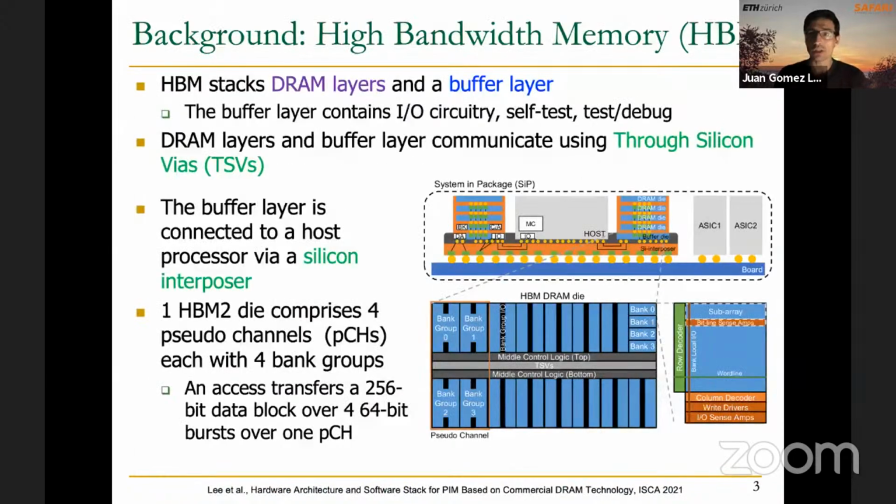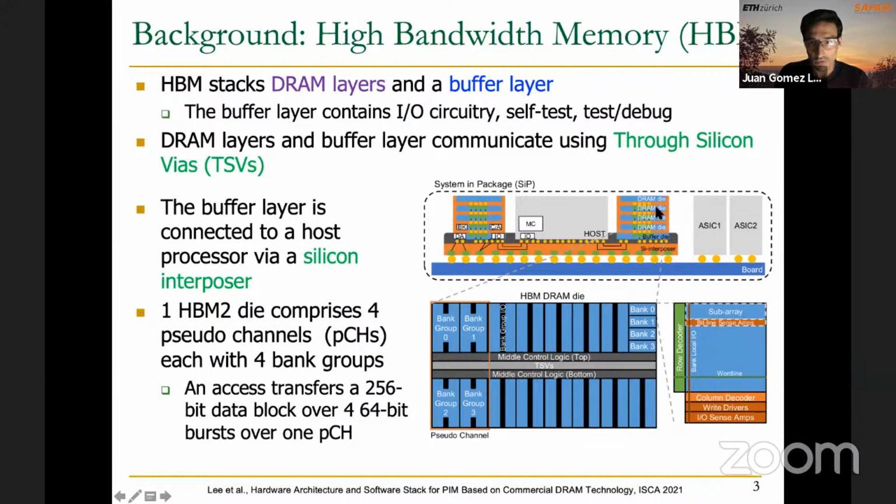You may remember that the other day we also gave a little bit of background on the HBM memory, because this FIMDRAM architecture is based on HBM. As you may remember, HBM is a 3D stack memory design that contains DRAM layers and a buffer layer at the bottom.